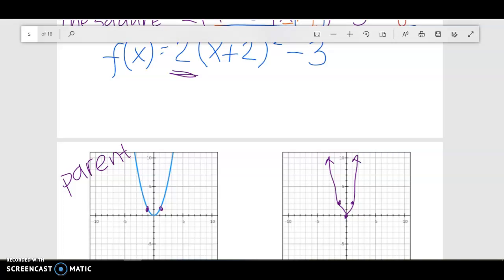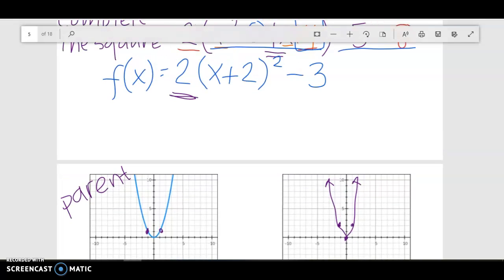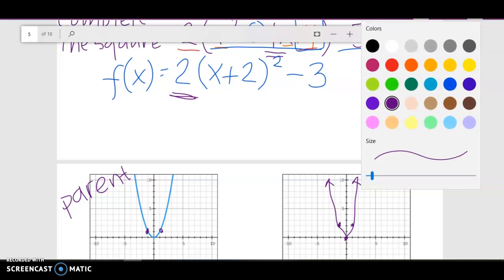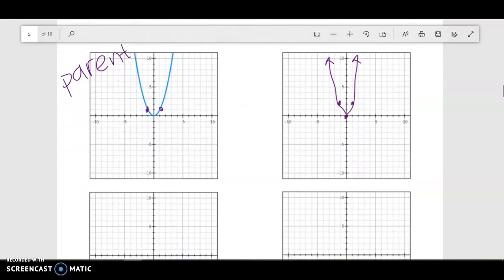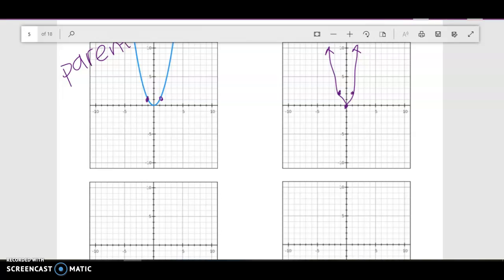Okay. The next thing that I'm going to look at is taking this skinnier function here, and when I add 2 on the inside, that means I'm going to shift my vertex and every point 2 units to the left. Okay, so this is going to be a horizontal shift. We're going to go to the left 2 units. Okay, so that's going to put the vertex at negative 2, 0.